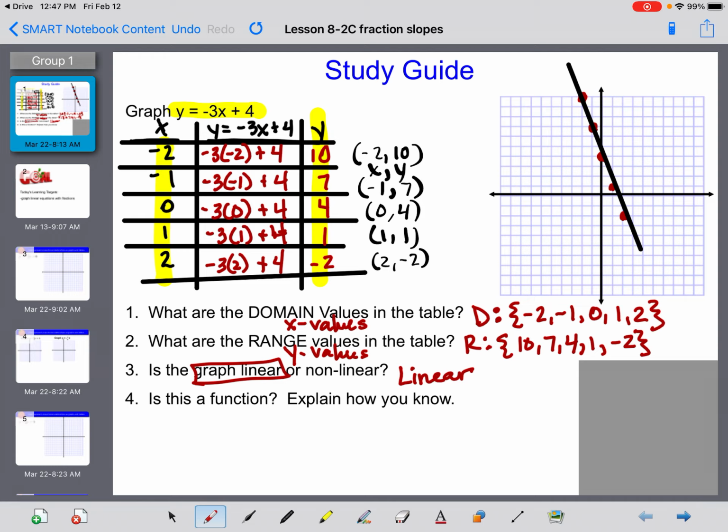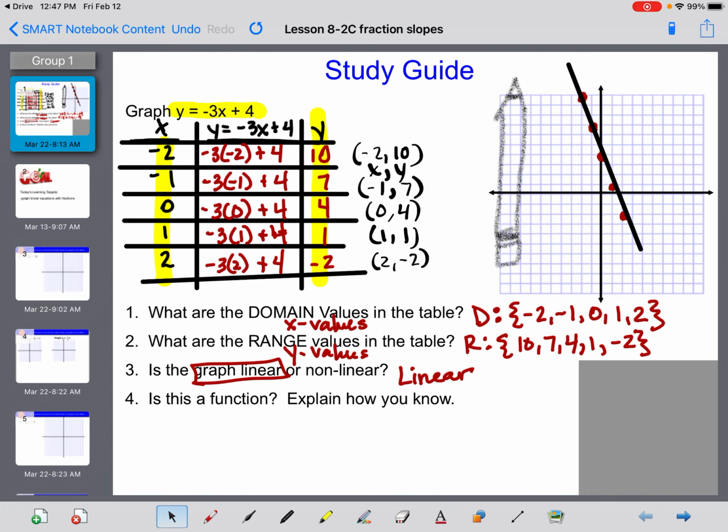And lastly, is the graph a function? If I had a pencil, here's my attempt at a pencil, and I dragged this pencil along to see if the line overlapped the pencil at more than one spot at any given moment, it doesn't.